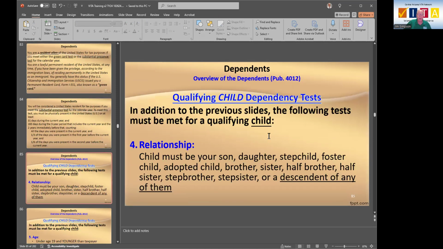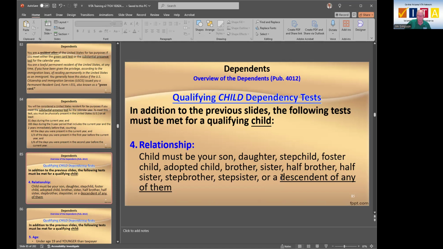In addition, now here we're going to delve into what the rules are for being a qualifying child, not a qualifying relative, the first bucket, right? So now there's a relationship test. They've got to be your son, daughter, stepchild, foster child, adopted child, brother, sister, half brother, half sister, stepbrother, stepsister, or look at this one, descendant of any of them.